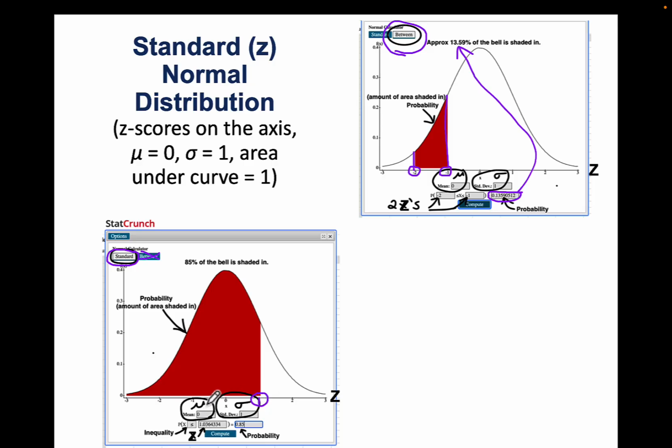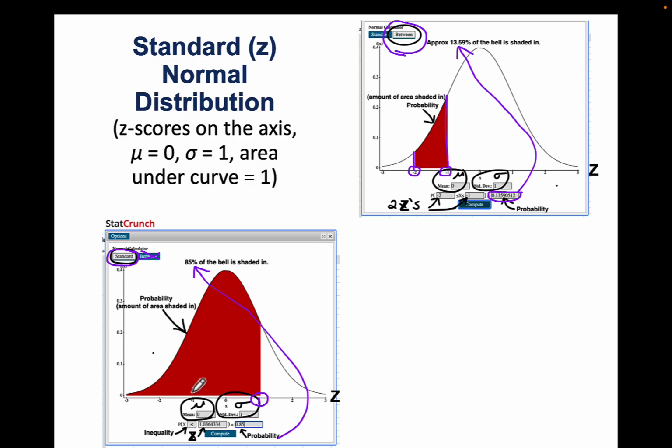Mu is equal to 0, sigma is equal to 1. That's because we're in z-scores. And what follows the equal sign is the probability portion. So you can think of this as 0.85 probability means that 85% of the bell is shaded in. Yeah, looks like about 85%.